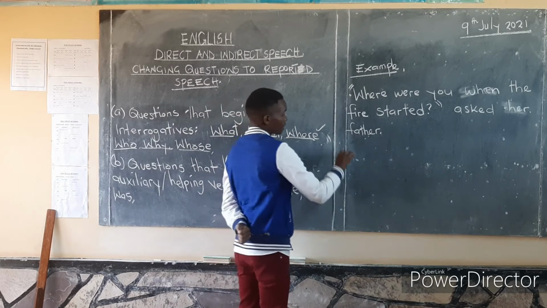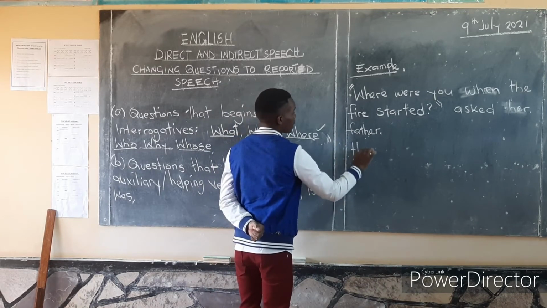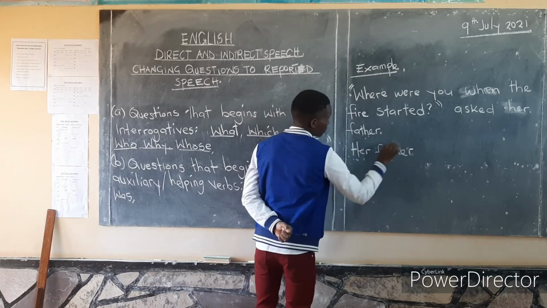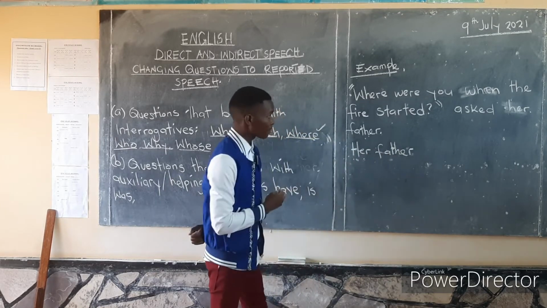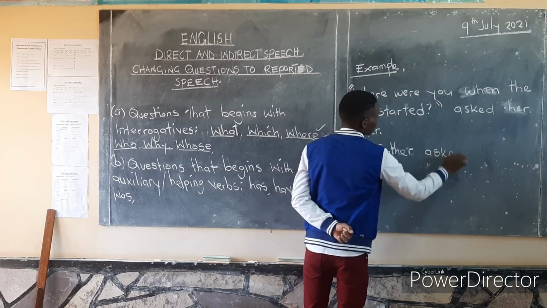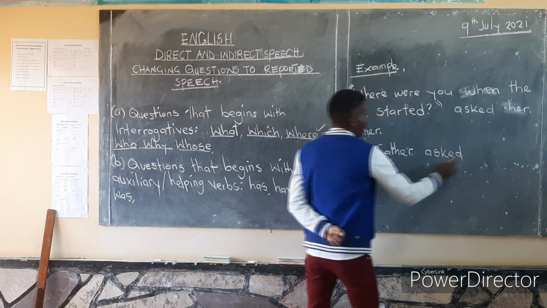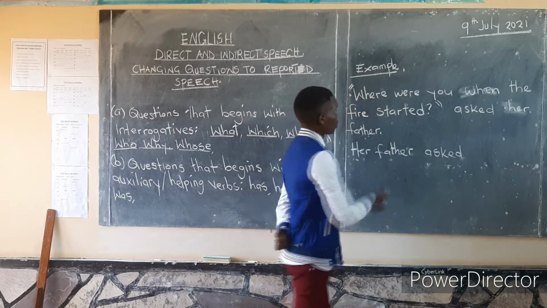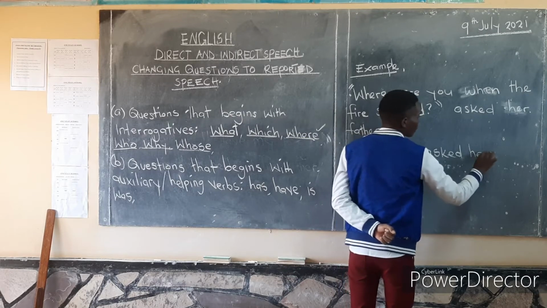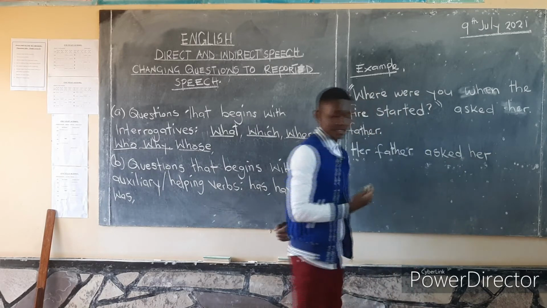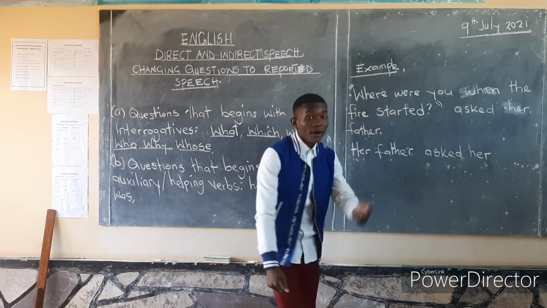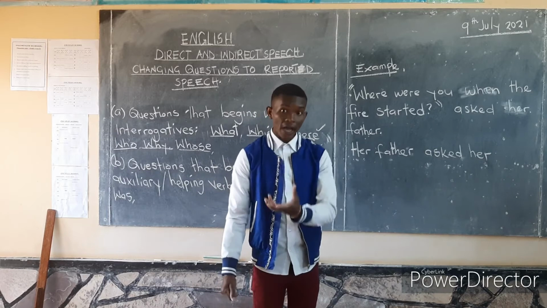So I'll say, her father asked her. We are talking about the father, and the girl is the one being asked. But we are not going to introduce the spoken words using that.